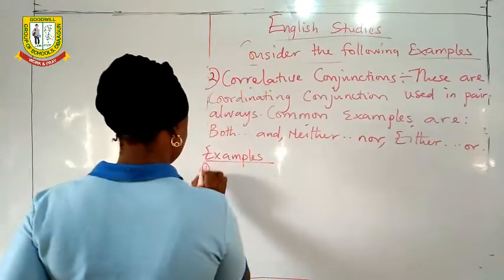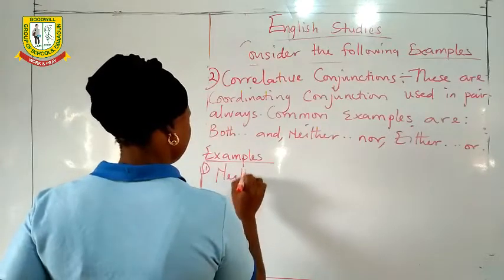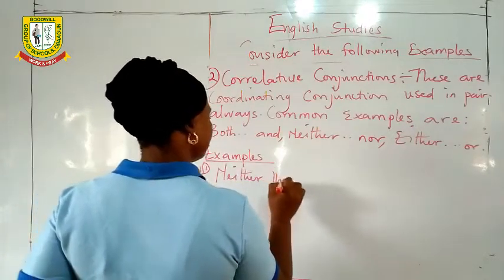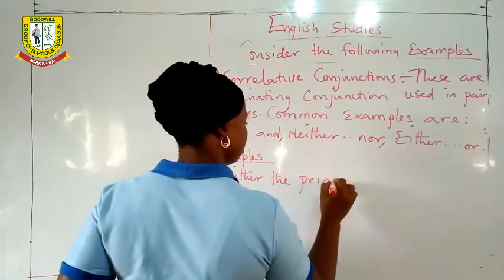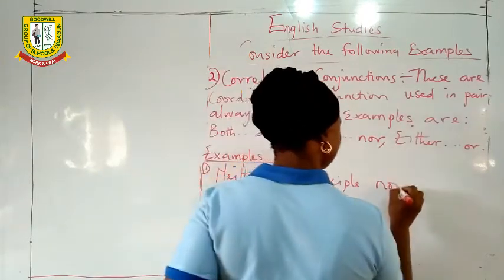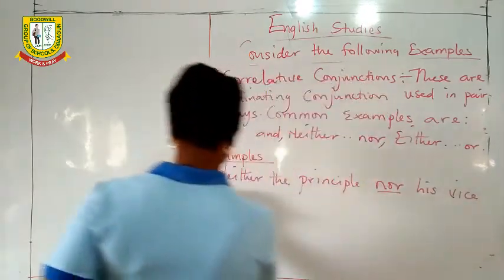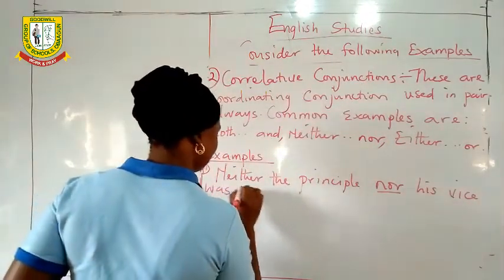Examples are the first example: Neither the principal nor his vice was in the office.